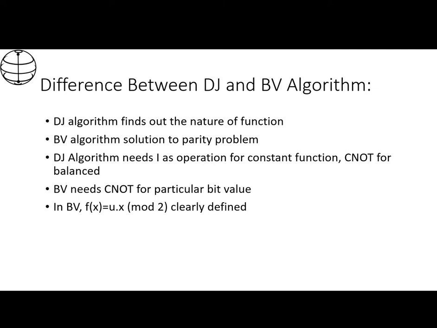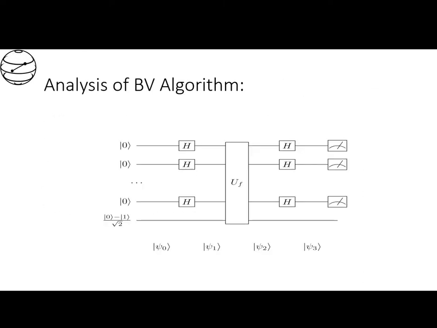So this is the circuit diagram of the Bernstein-Vazirani algorithm, as I said earlier, that it is similar to the Deutsch-Jozsa algorithm. First we apply a Hadamard gate on it, and on the last bit we apply X gate and H gate.